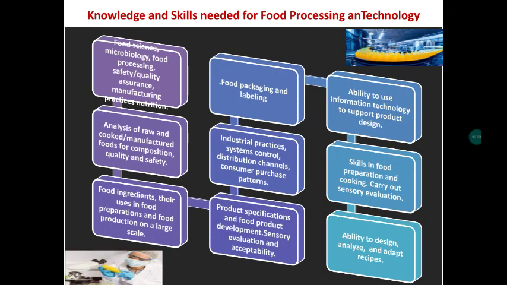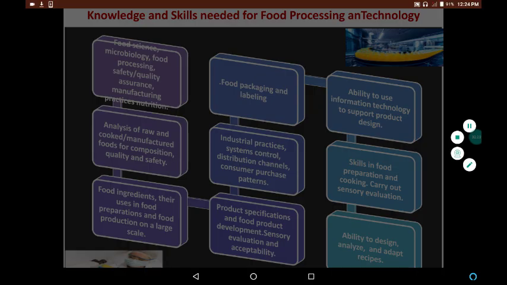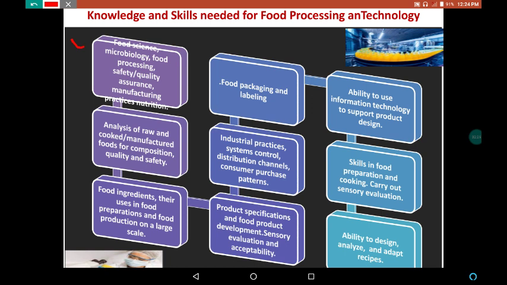So what knowledge and skills are needed for food processing and technology? That is knowledge of food science, food microbiology, food processing, food safety, quality assurance, manufacturing practices, and nutrition.